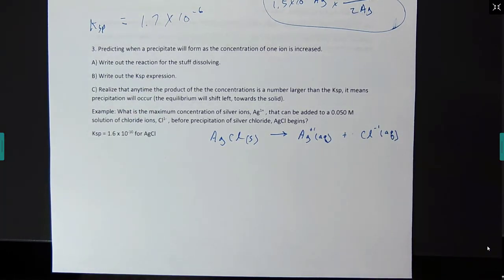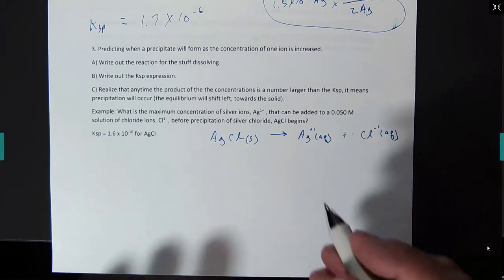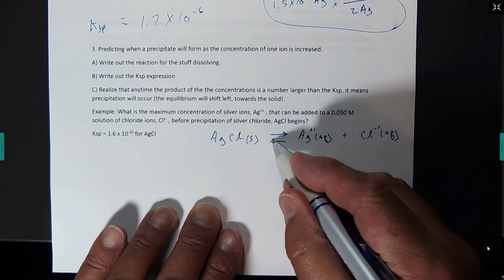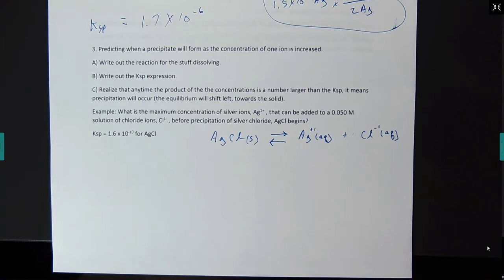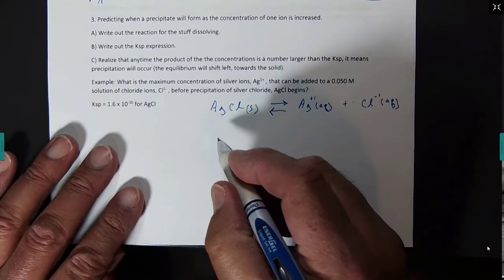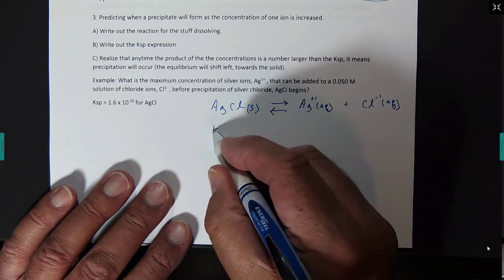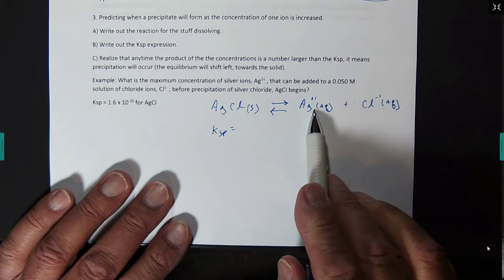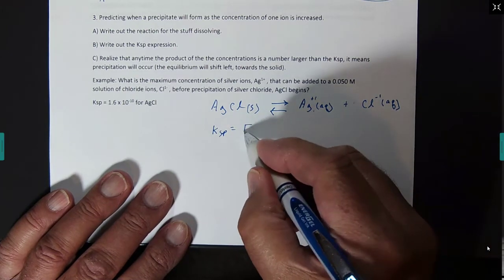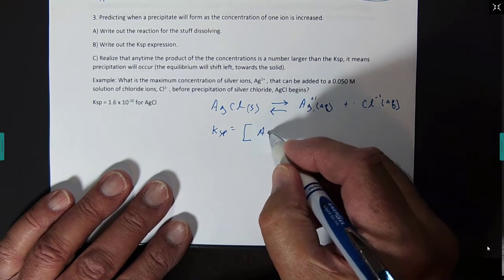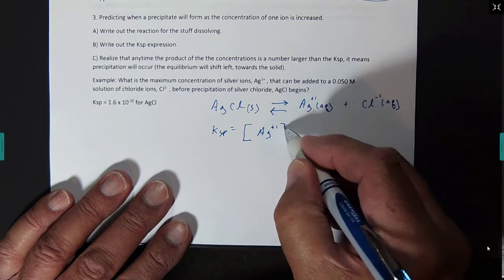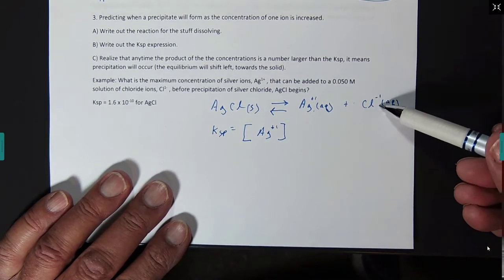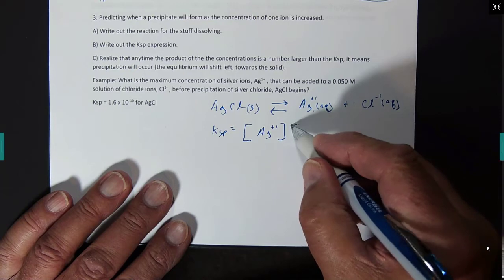Okay, still a little bit lost. Well, we got an equilibrium expression. Write out the equilibrium equation for this process. Ksp is the concentration of this times the concentration of this.